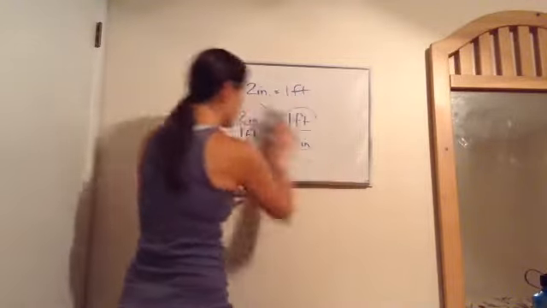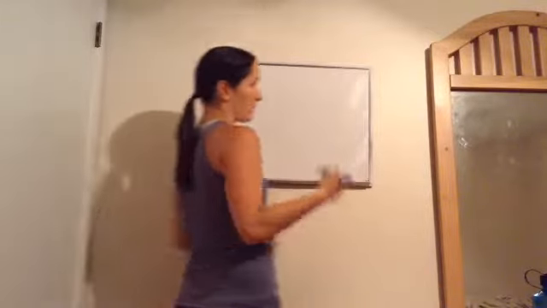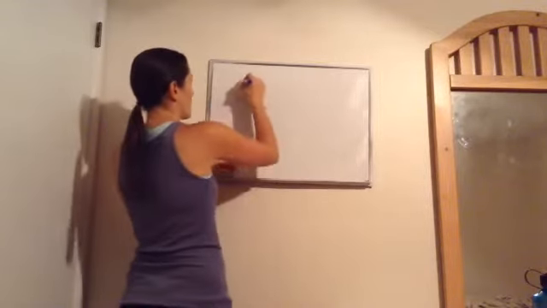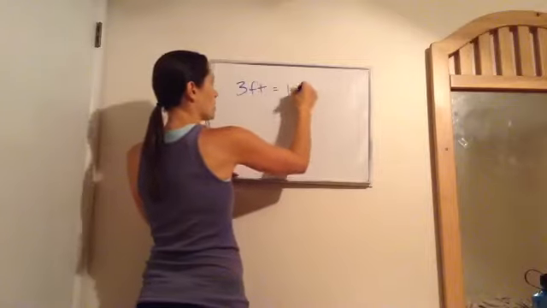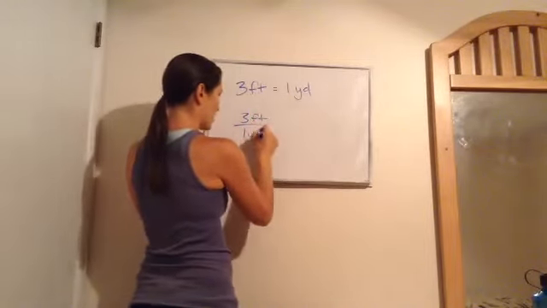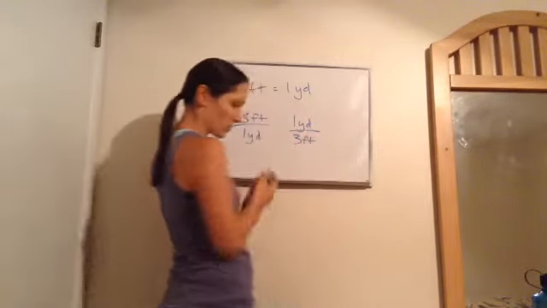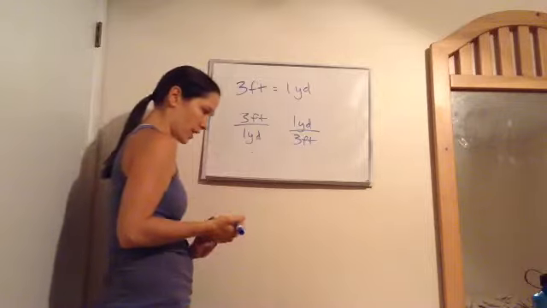You can also do it with any other that equals the same thing. For example, 3 feet equals 1 yard. So 3 feet, same thing as 1 yard. And 1 yard is the same thing as 3 feet. These are called unit multipliers. Okay? Hopefully you understand that.